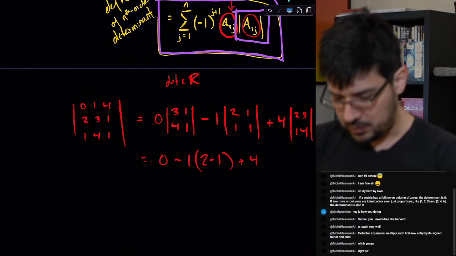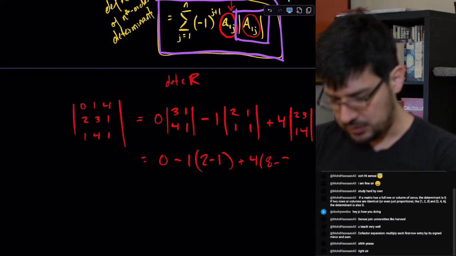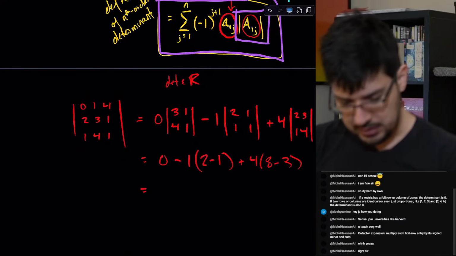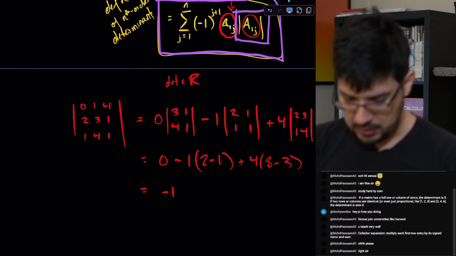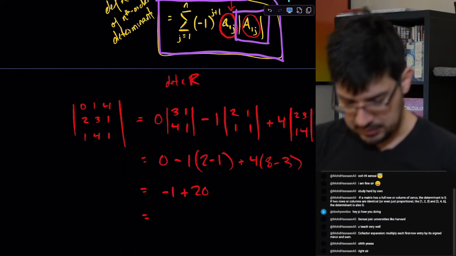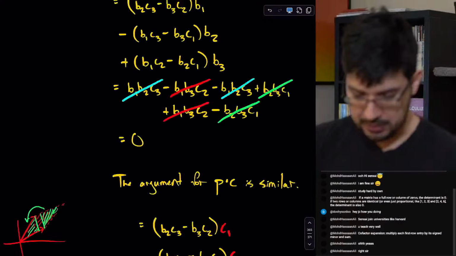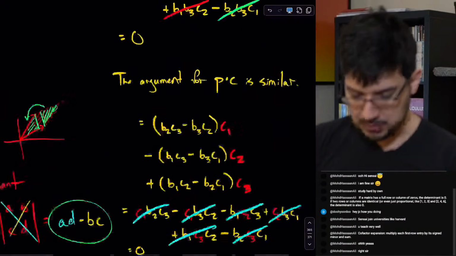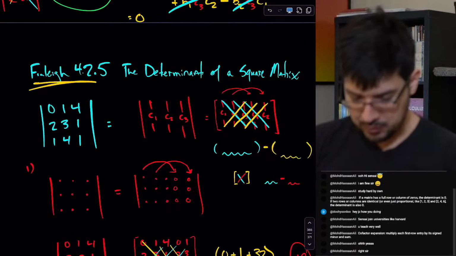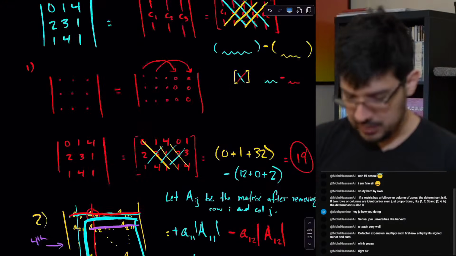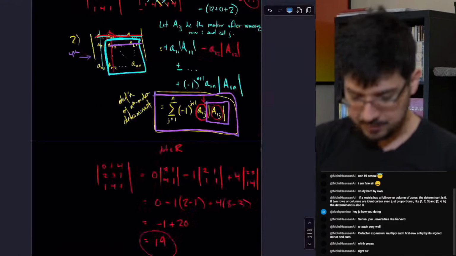That and 4 times 8 minus 3. So this is -1 plus 20, and this is 19. And we get the same answer that we did earlier with the special 3x3 rule.